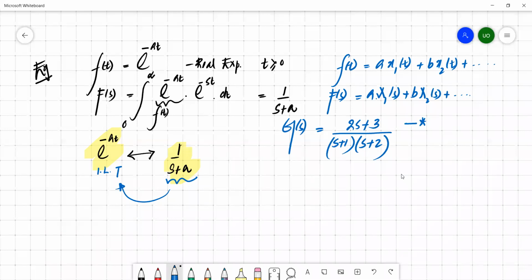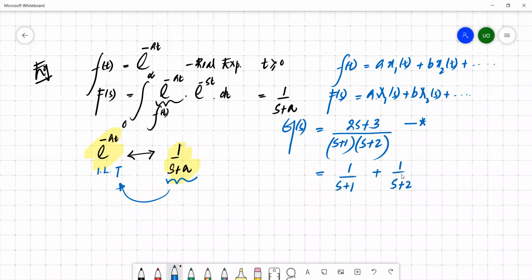If I ask you to find the time domain response for this particular value, you can convert or rearrange these terms by applying partial fraction. So this is 1 over s plus 1 plus 1 over s plus 2.